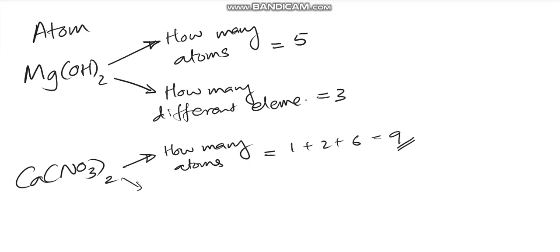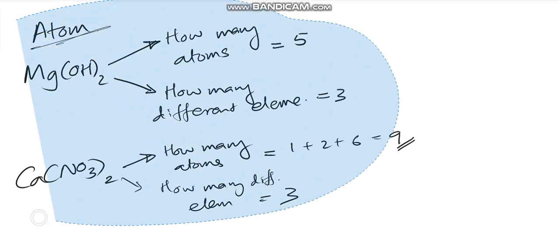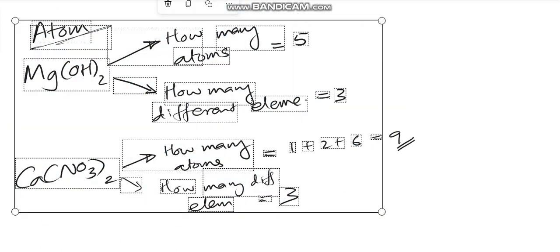Then how many different elements are there? We have calcium, nitrogen and oxygen. Again we have 3 different elements. So that's the basic idea about atoms. Atoms and elements are all the same, but depending on the number it changes, right? So that is the idea of atoms. Okay, so let's move to the next part.